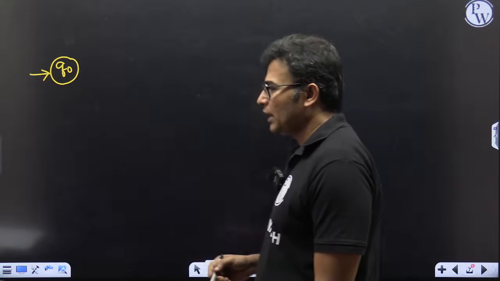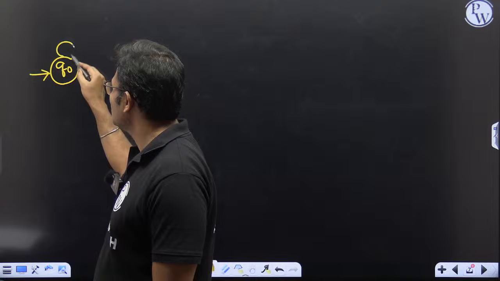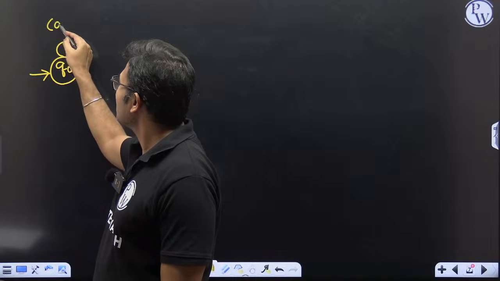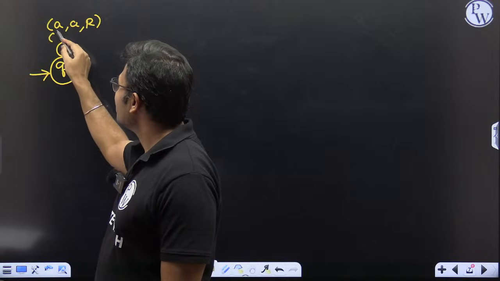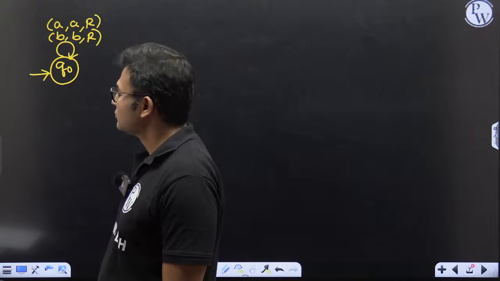Now let us say there is a Turing machine. Q0 is the initial state. On seeing A, it is leaving it as A and moving right. And on seeing B, it is leaving it as B and moving right.